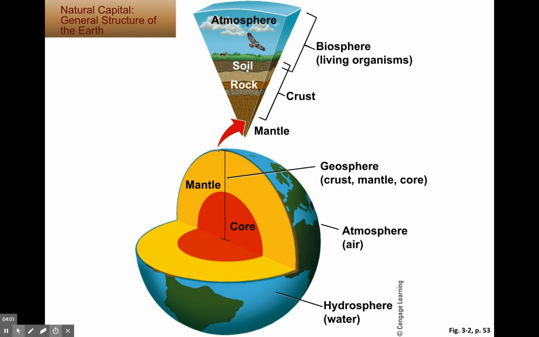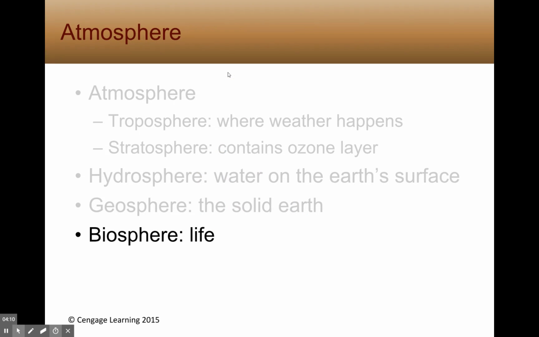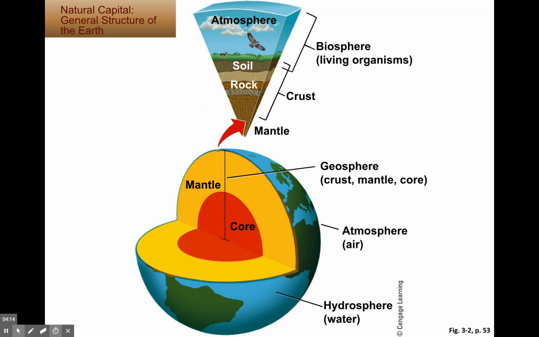It includes renewable soil, and also includes the non-renewable fossil fuels and minerals. And then finally, the biosphere is the living part of the Earth, which includes the atmosphere, the hydrosphere, and the geosphere. So it is kind of like everywhere that life is found.